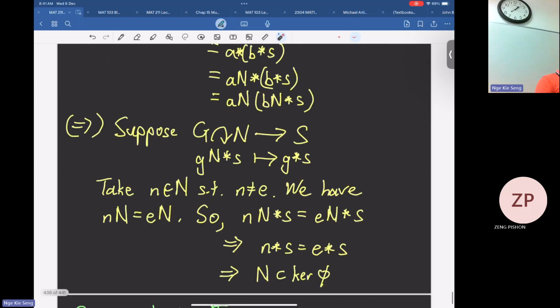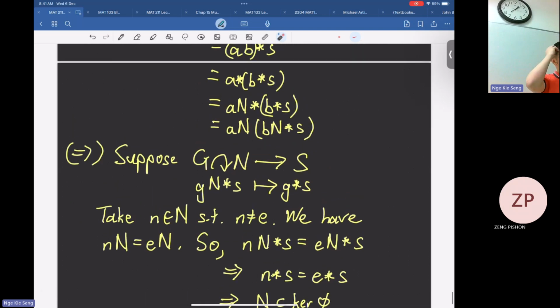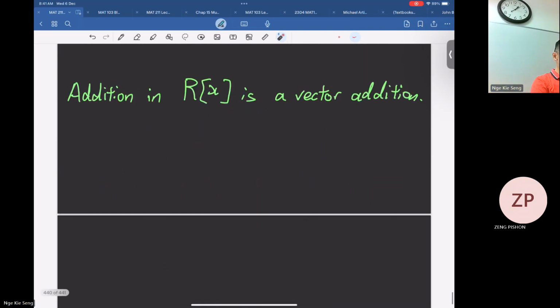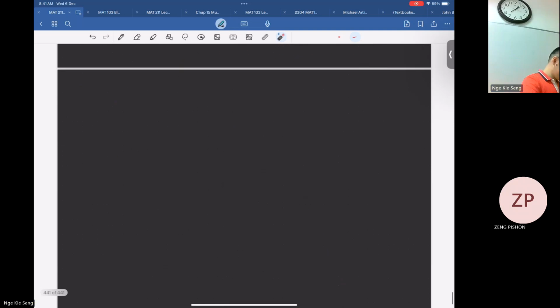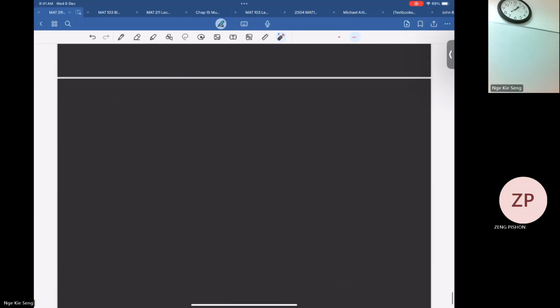Okay. So any more questions about the assignment? Yes. The fourth question is defined on the quotient. You mean the definition of normal subgroup? The N means the normal subgroup. Yeah, you can only take the quotient of a group by a normal subgroup. So it must be normal.